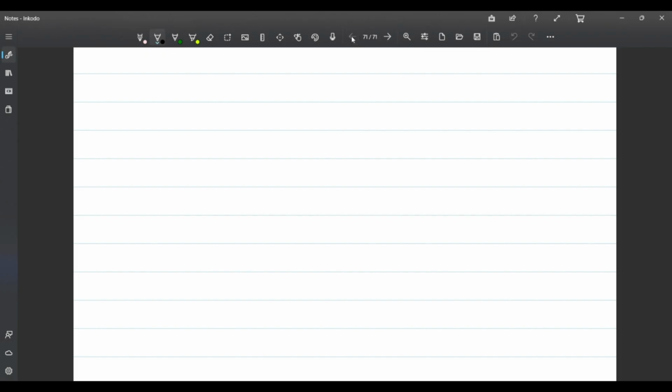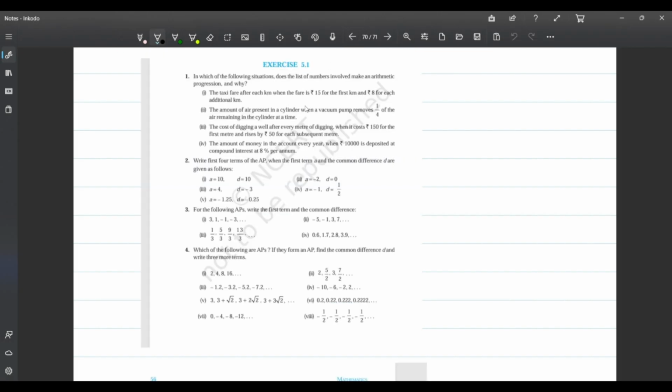Now move to the second part. The amount of air present in a cylinder when a vacuum pump removes one fourth of the air remaining in the cylinder at a time.